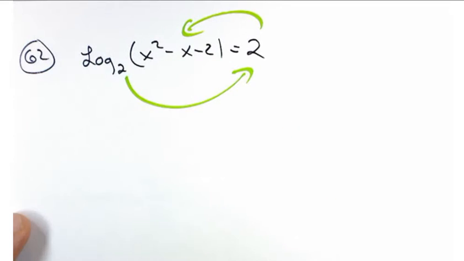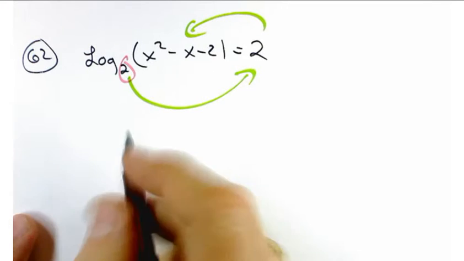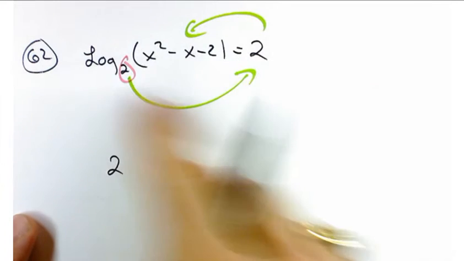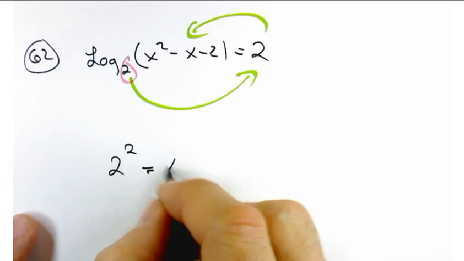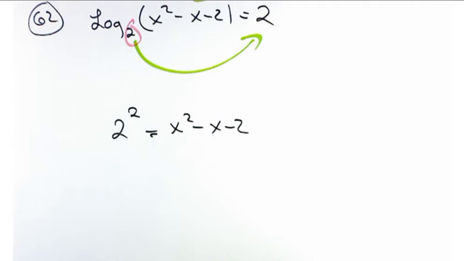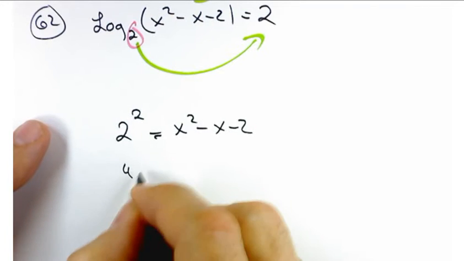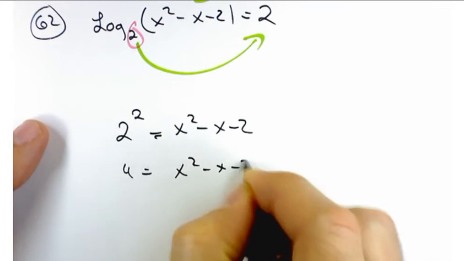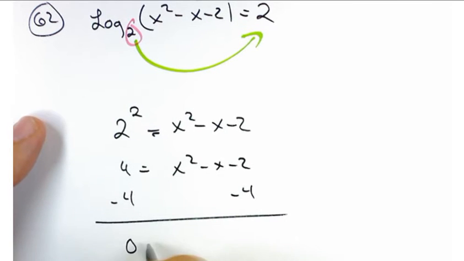It's just going to be the base 2 to that power equals this right here: x squared minus x minus 2. From here, this is just a quadratic equation. 2 to the second is 4. If I subtract 4 from both sides, I get 0 equals x squared minus x minus 6.